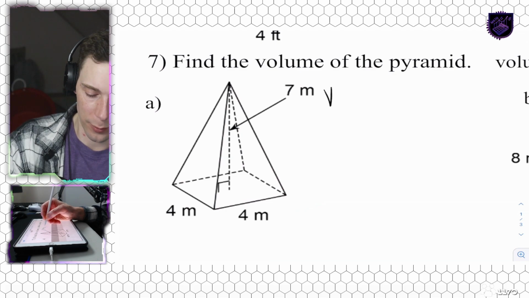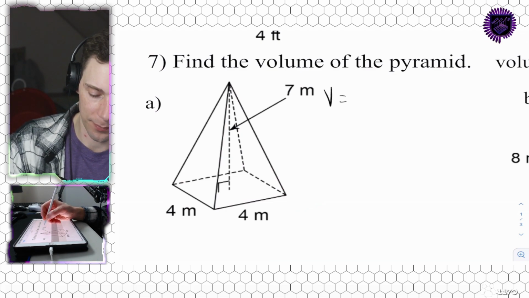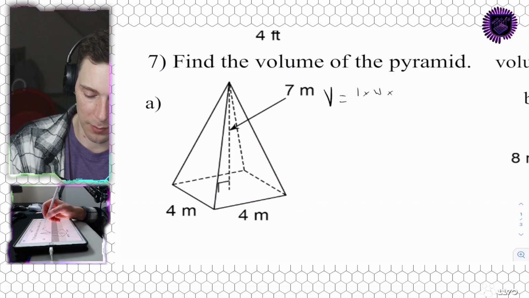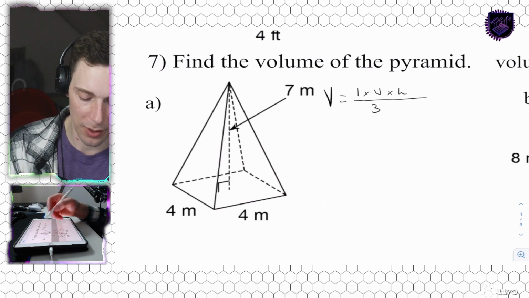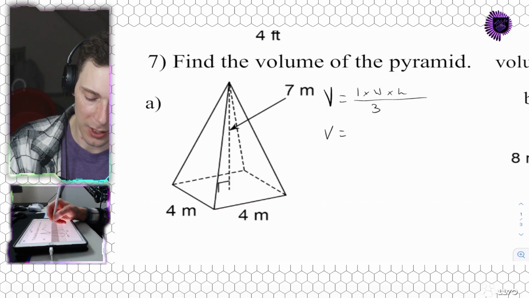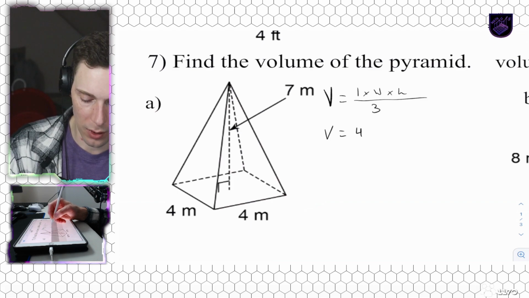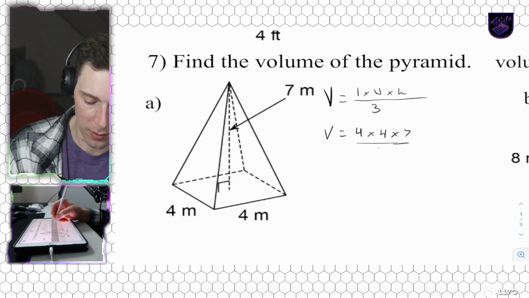The volume will be equal to length times width times height divided by 3. Right? Area of the base times the height divided by 3. So volume will be equal to 4 times 4 times 7 divided by 3.